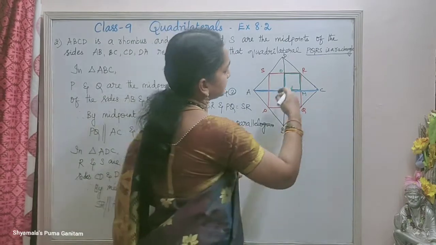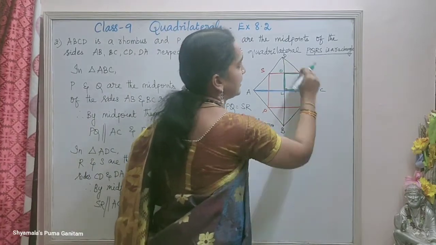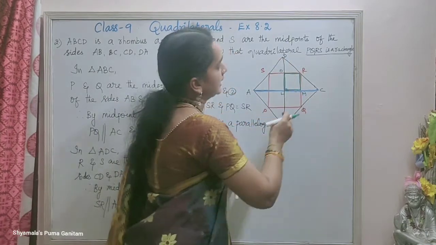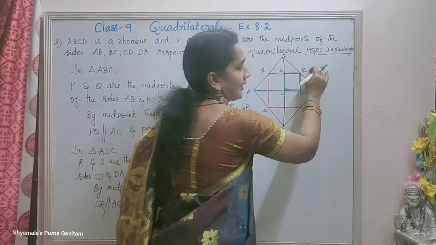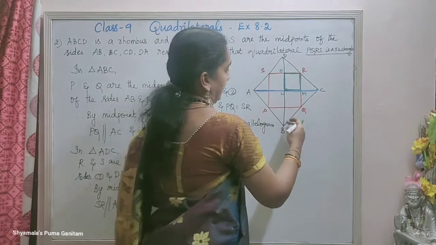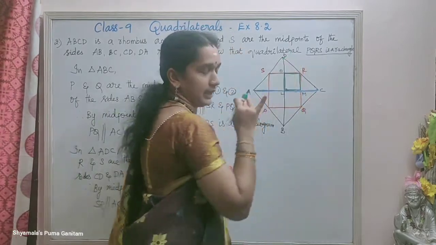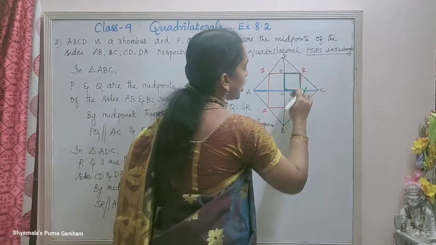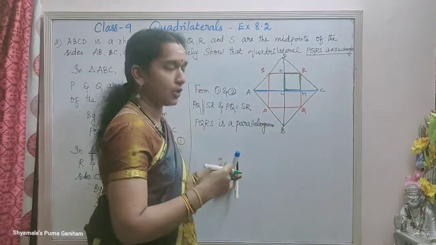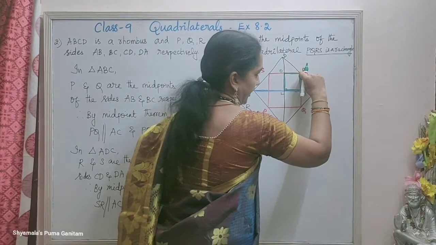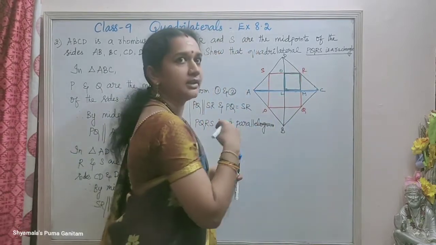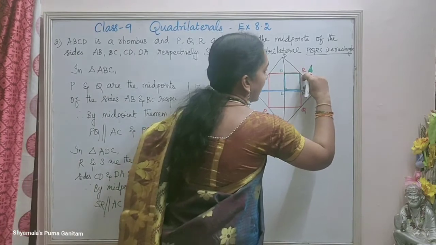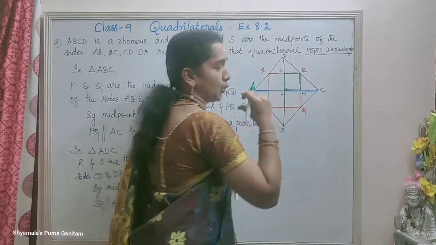In this one, if you take the triangle BCD, Q and R are the midpoints of two sides of the triangle. So, we can say that QR is parallel to BD. Since R is the midpoint, MR is parallel to QL.